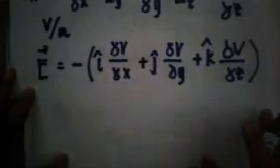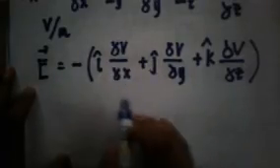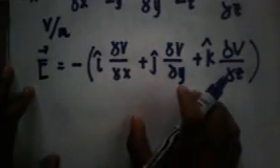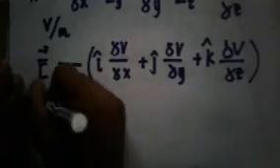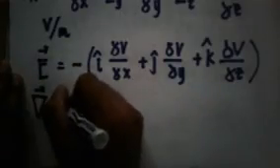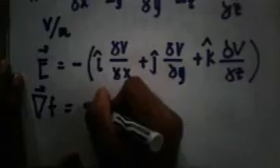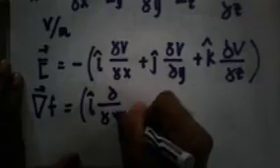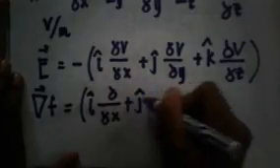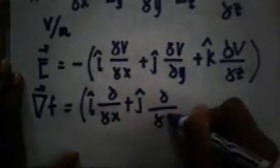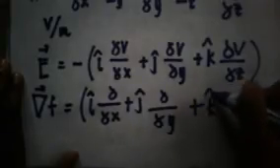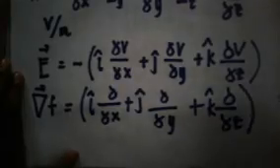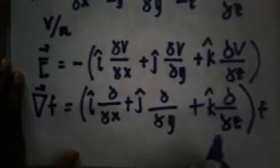In vector notation, the following operation is called the gradient of the function f. The gradient of f is equal to i hat partial over partial x plus j hat partial over partial y plus k hat partial over partial z, acting on f.